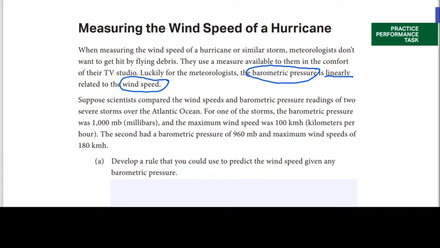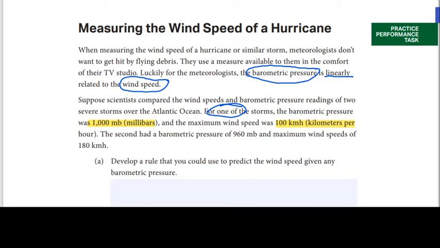So that is one storm. I'll highlight this: here's one of the storms, and there's one variable, and there's the other variable for that storm.